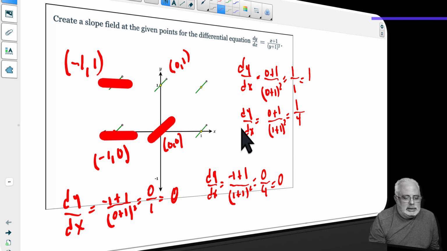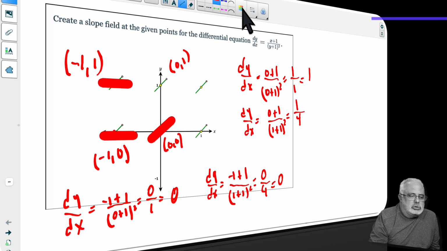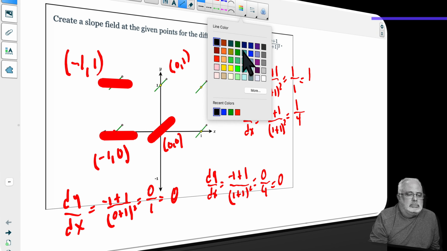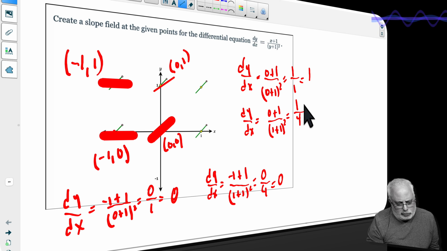So 1 over 4, so the slope is 0.25, positive, but I want to use less steep. Okay, less steep, like that. Because it's 1 over 4, and the slope at 0, 0 was 1.